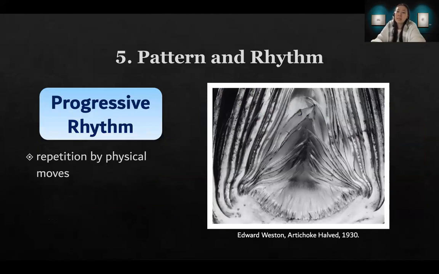And progressive rhythm: the repetition that regularly increases or decreases in frequency creates a progressive rhythm as the eye moves faster or slower across the surface of the work. So for example, capturing slow motion in photography is a part of progressive rhythm.